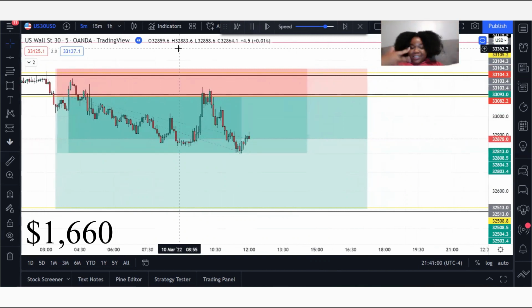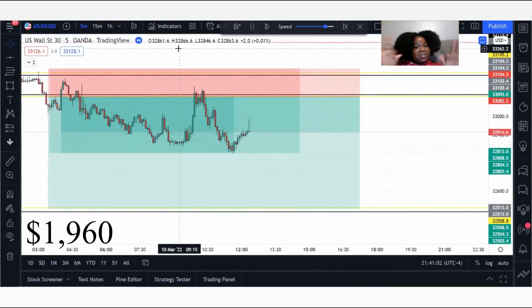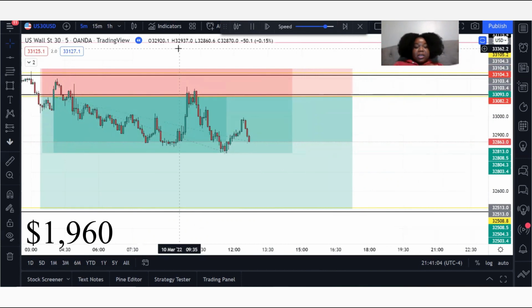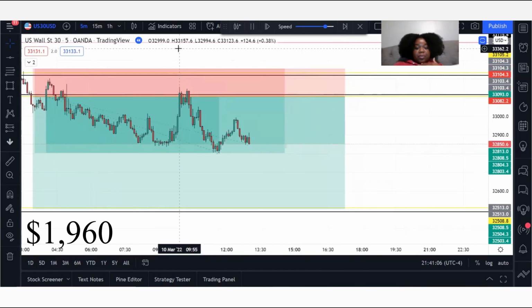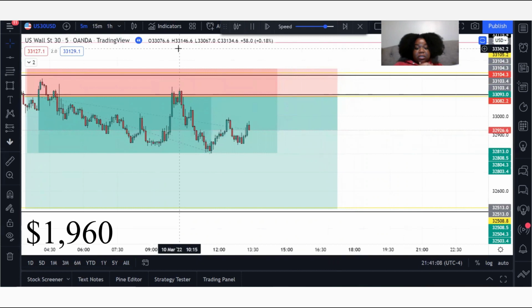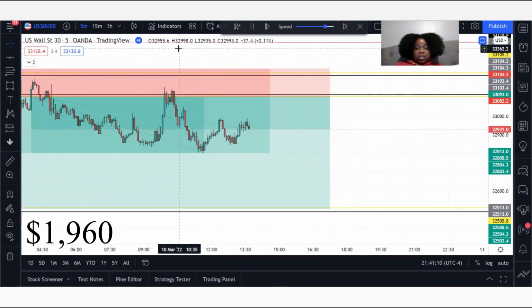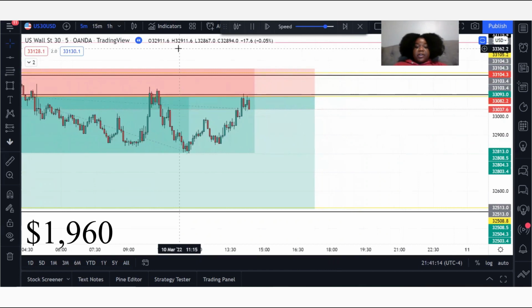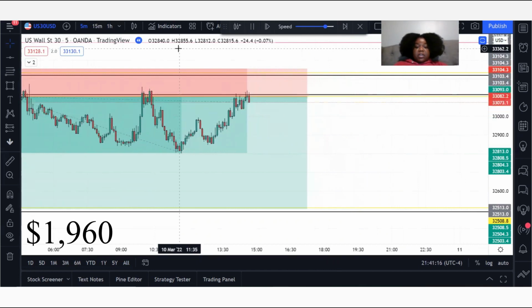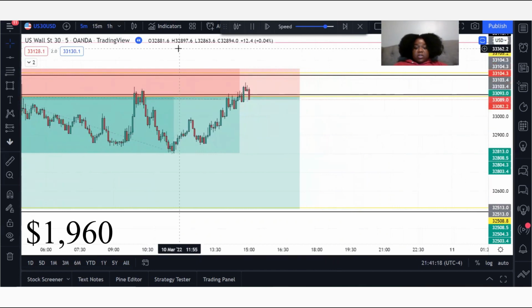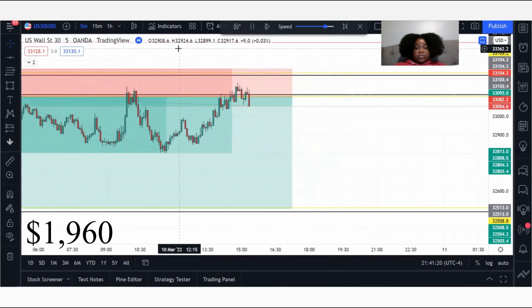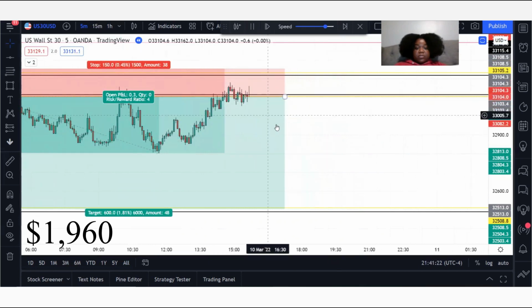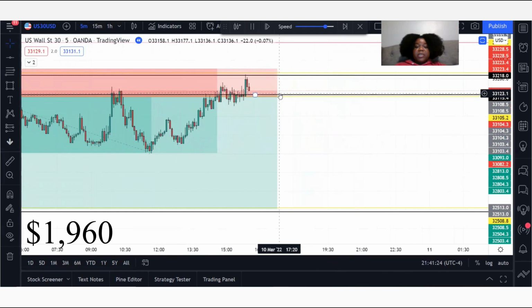We hit TP1. We hit TP1. That's $300 back in our pockets. Now for the next. We're still selling here. I actually messed up.